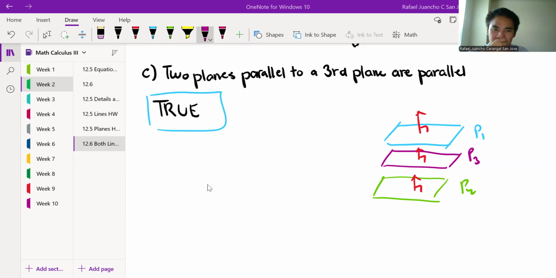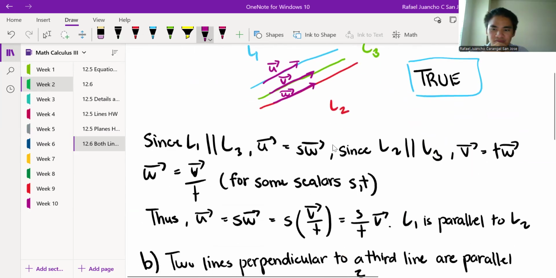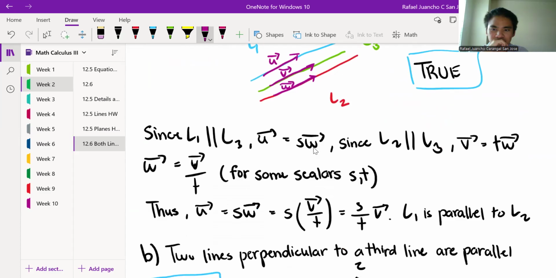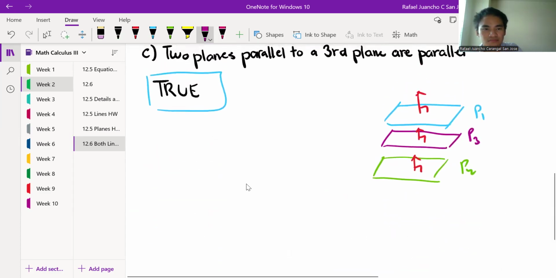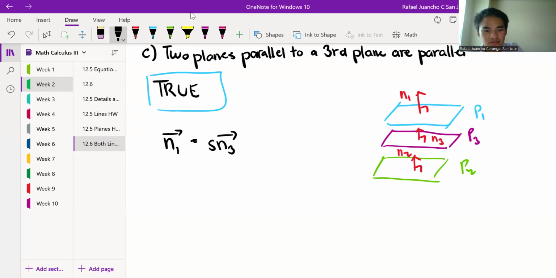Okay, kind of similar to this one. Yeah, here we're saying N1, some scalar, N3.